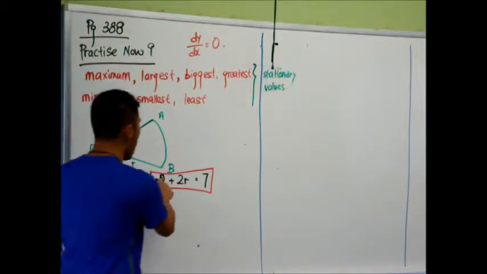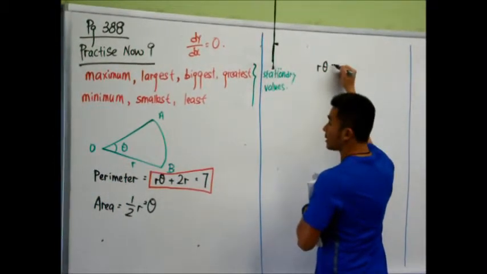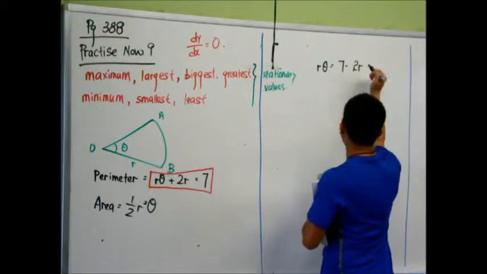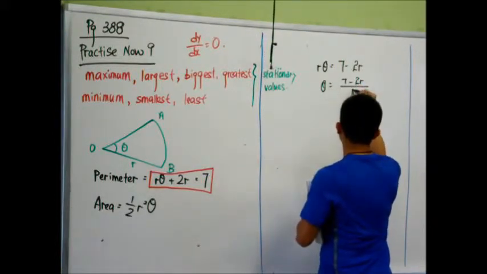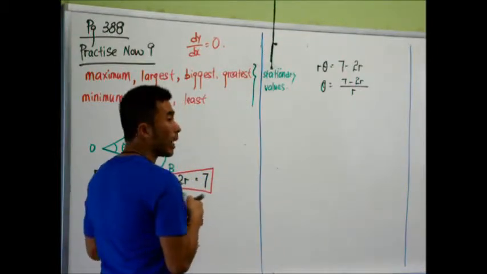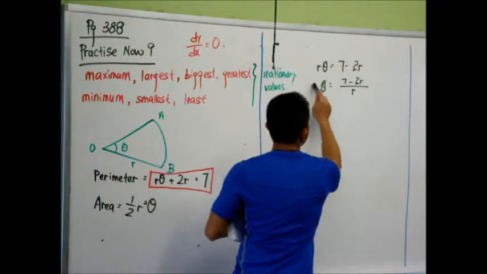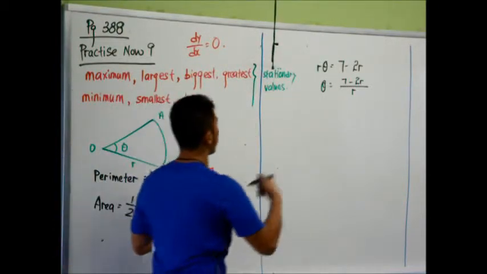I'm going to do that now. Make theta the subject. So r theta is equal to 7 minus 2r. Theta will be (7 minus 2r) divided by r. Okay? Now, because I already have my value of theta, I just have to substitute back into the area formula.